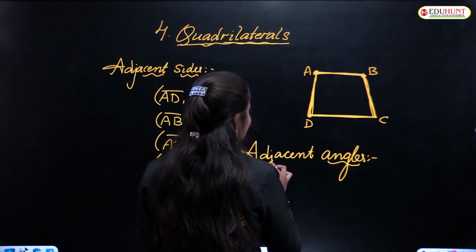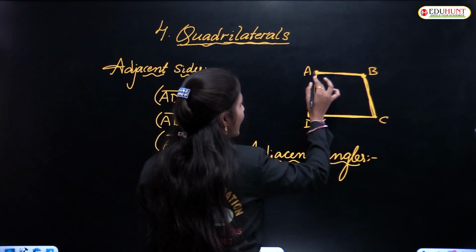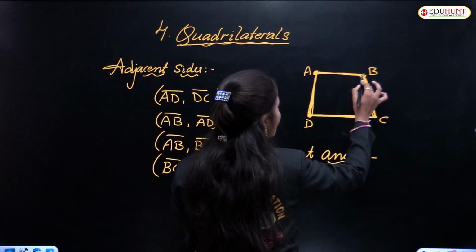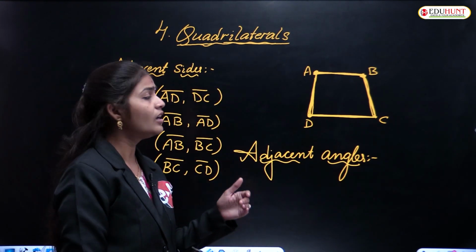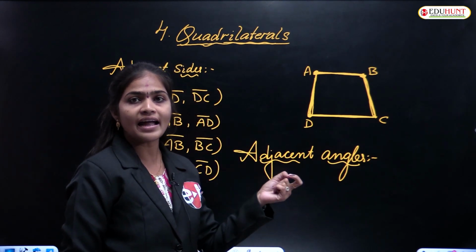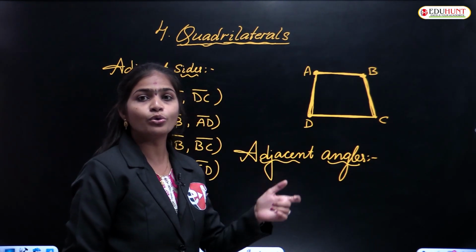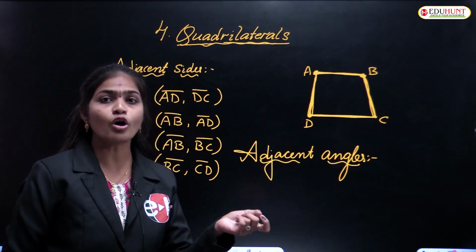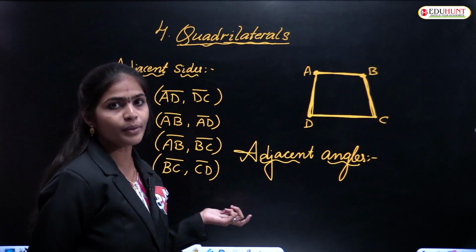So what do adjacent angles mean? Here this is an angle, and this is also an angle. Adjacent angles means side by side angles. The definition of adjacent angles: two angles having a common arm. An arm is a side of the quadrilateral, a side of a polygon.